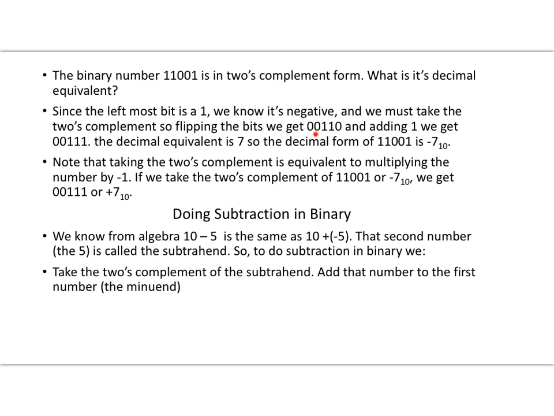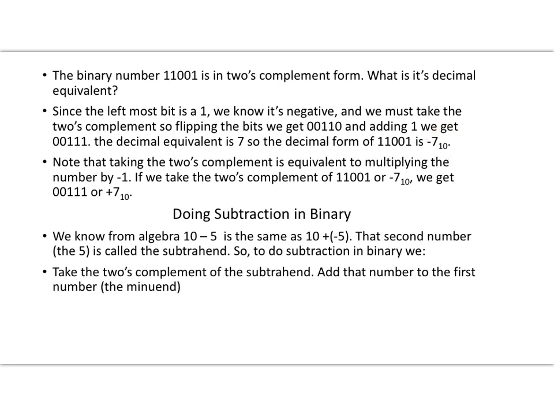When you do that, you get 00110. Then you have to add 1. You get 00111. Okay, the decimal equivalent of that is 7, and so therefore the decimal equivalent of 11001 is minus 7.